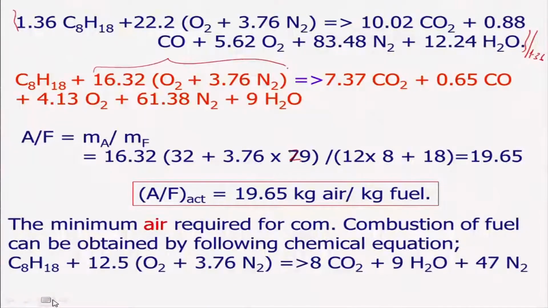The minimum air required for complete combustion of fuel can be obtained by the following chemical reaction, that you can balance: 1 mole of the octane is reacting with 12.5 moles of air and giving 8 moles of carbon dioxide, 9 moles of water, of course 47 moles of nitrogen.